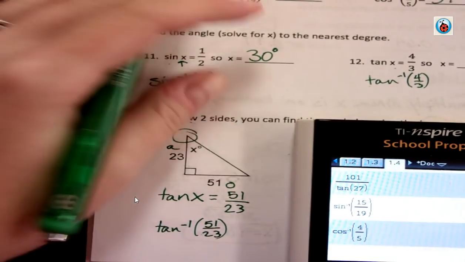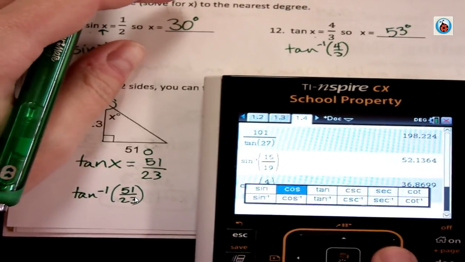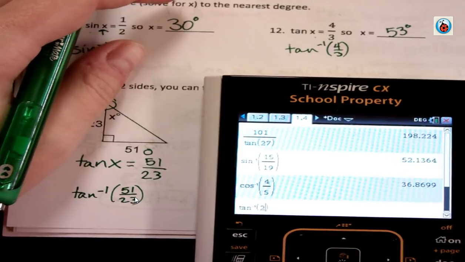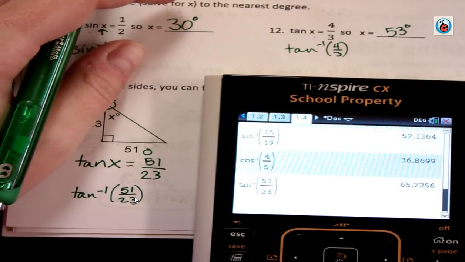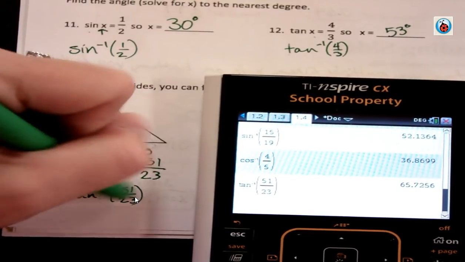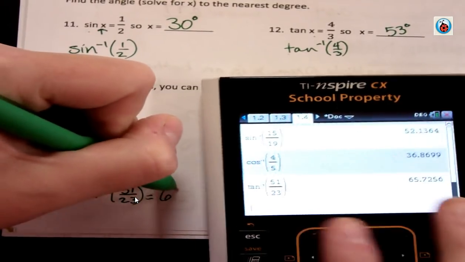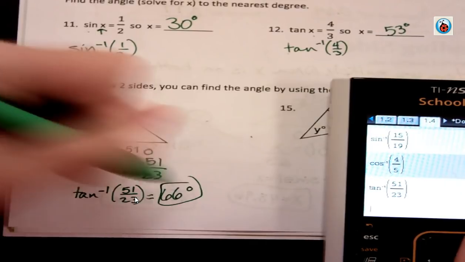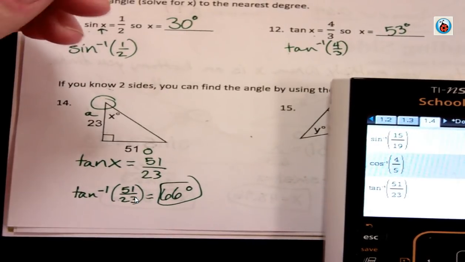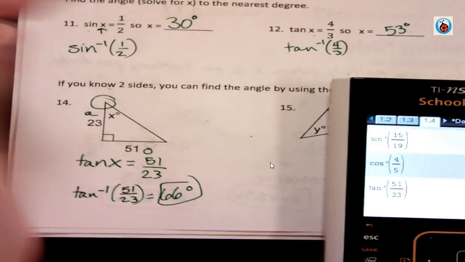That's it. So tangent inverse of 51 over 23 is going to be 66 degrees. And that's it. You don't manipulate the numbers anyway. You don't change them. That's what it is.